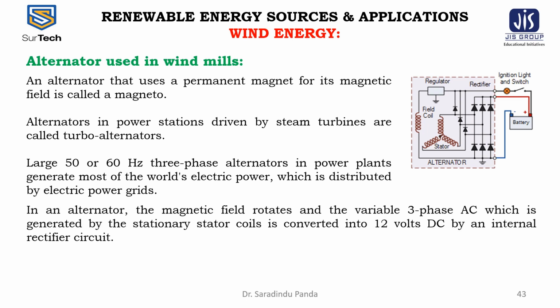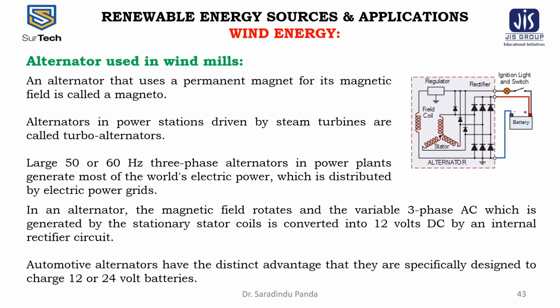In an alternator, the magnetic field rotates and the variable 3-phase AC, which is generated by the stationary stator coils, is converted into 12 volt DC by an internal rectifier circuit. Automotive alternators have the distinct advantage that they are specifically designed to charge 12 or 24 volt batteries.